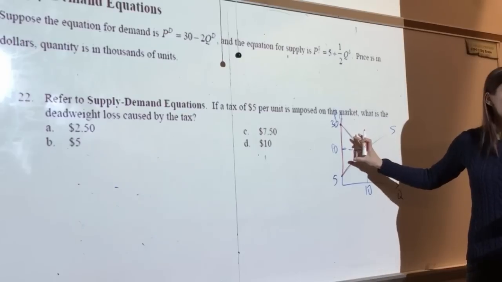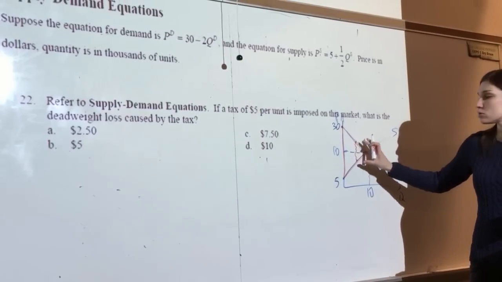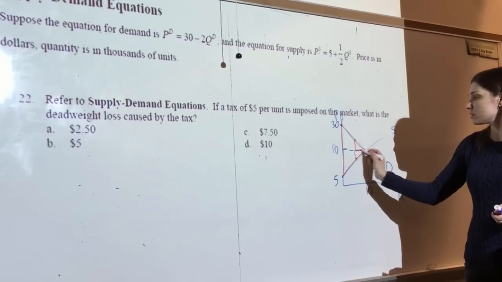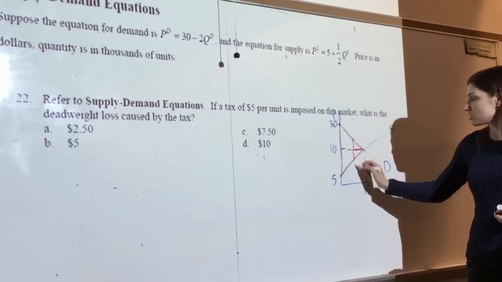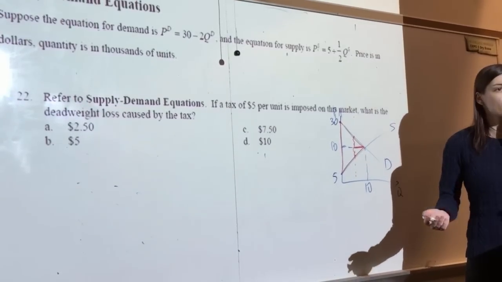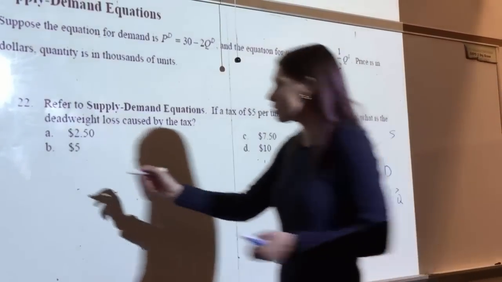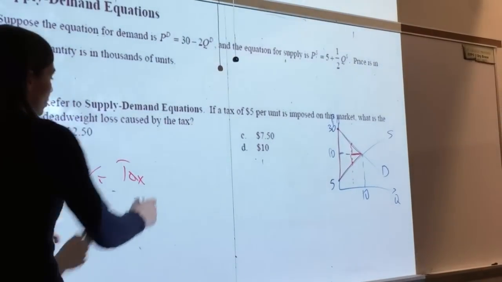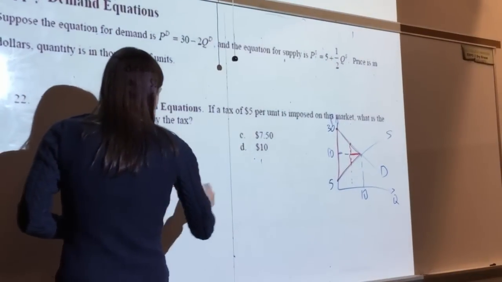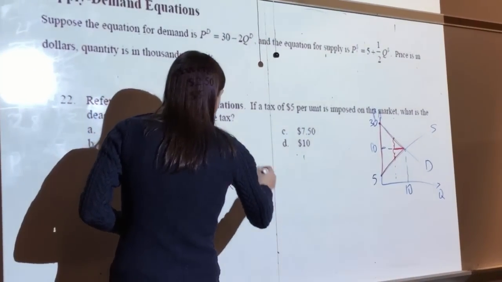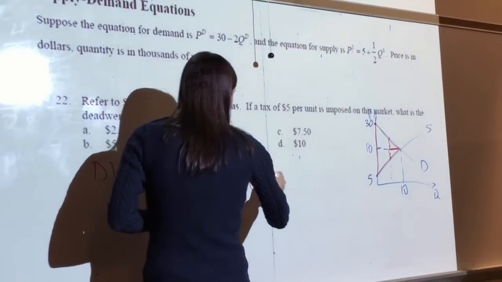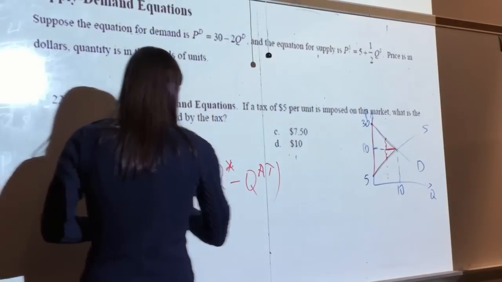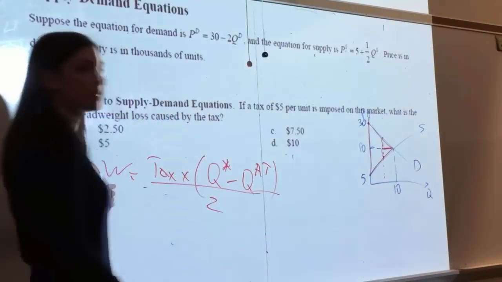Right? That's the amount of the tax. And deadweight loss is the amount of the tax times the quantity lost due to the tax. Right? So my deadweight loss would be tax amount times quantity in equilibrium minus quantity after tax, right? Divided by 2. That's my deadweight loss.